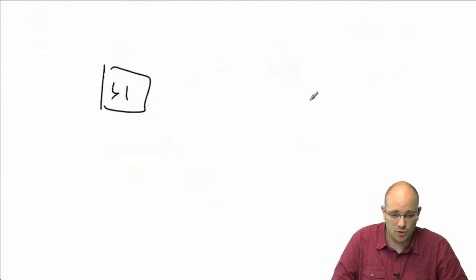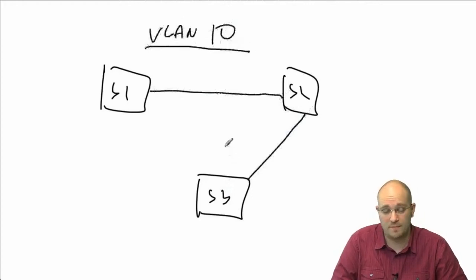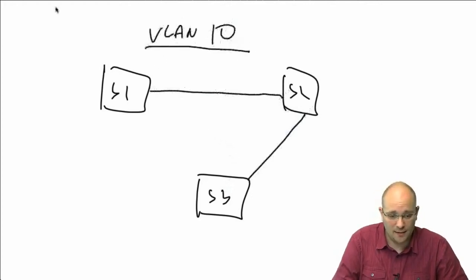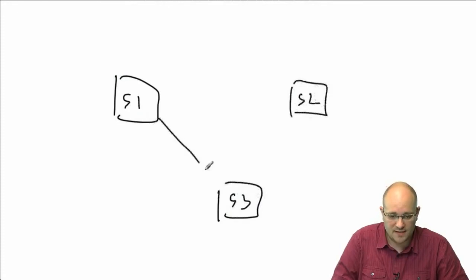So we have switch 1, switch 2, and switch 3. For VLAN 10, this would be a logical topology. For VLAN 20, with switch 1 being the root, this would be a logical topology.